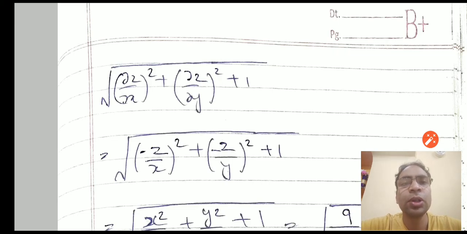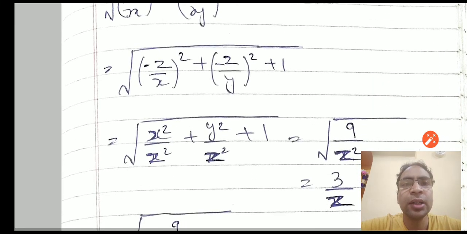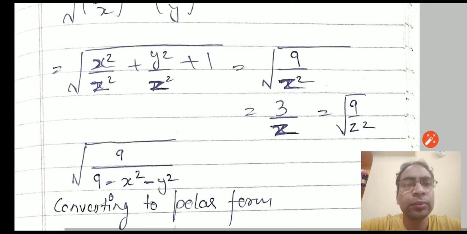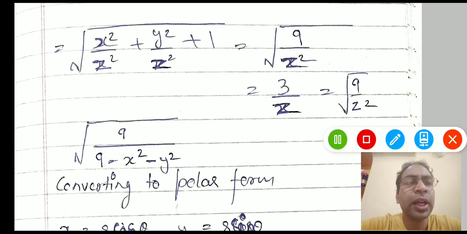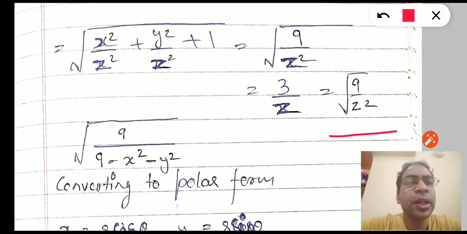So on substituting the values we had calculated, we can see that this comes to be under root 9 upon z square, where we will replace this z square with 9 minus x square minus y square.